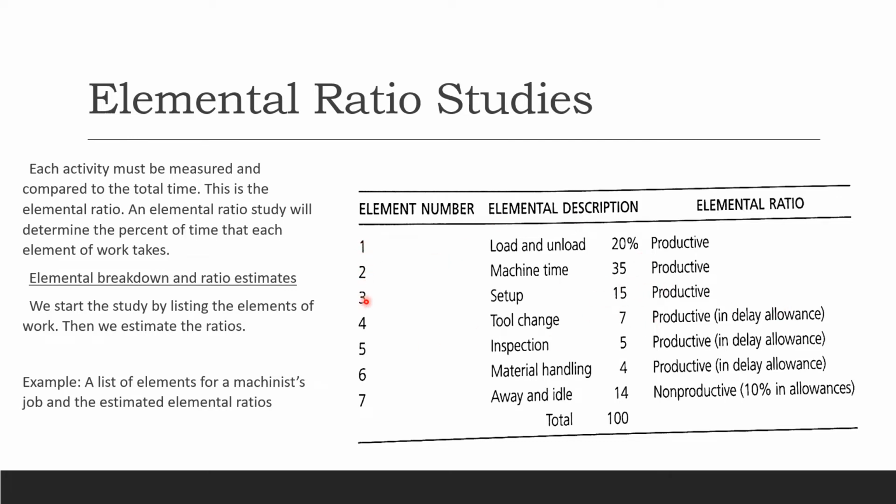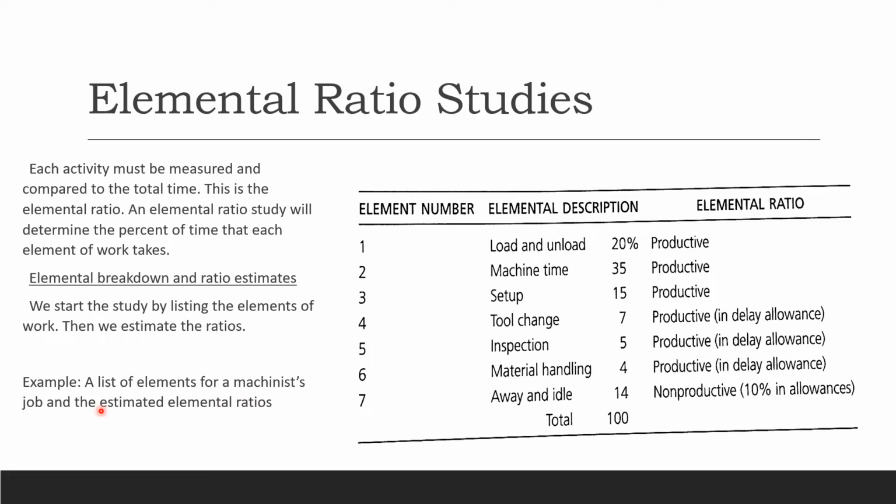Elements 1 through 3 are very productive. Elements 4 through 6 are productive, but you have a delay allowance with them. Number 7 is totally away and idle, so it is totally non-productive, and that's your 10% allowance. These are counterproductive, but they also have delay time included, and you can extract the delay time out of it.